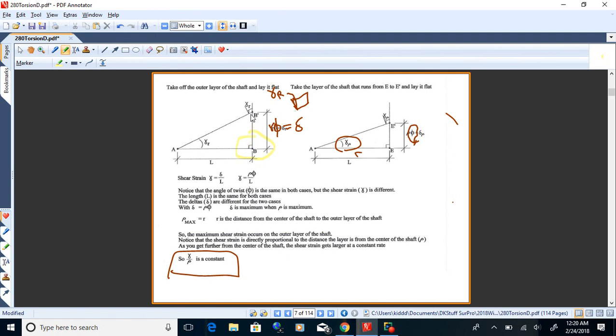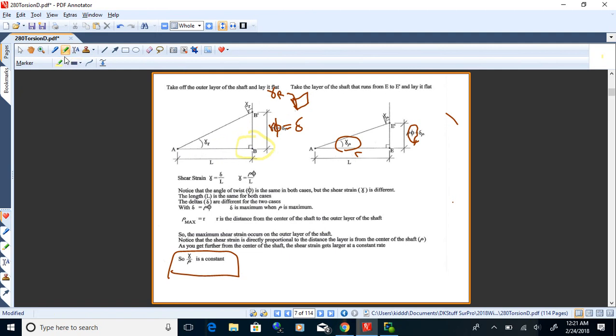The square element is now turning into a rhombus. If you look at that little angle there in the corner, that would be the shear strain. The angle right there in the corner is equivalent to that angle B prime AB. So the shear strain is expressed right here.